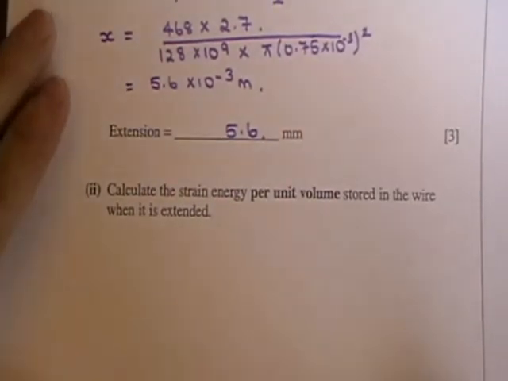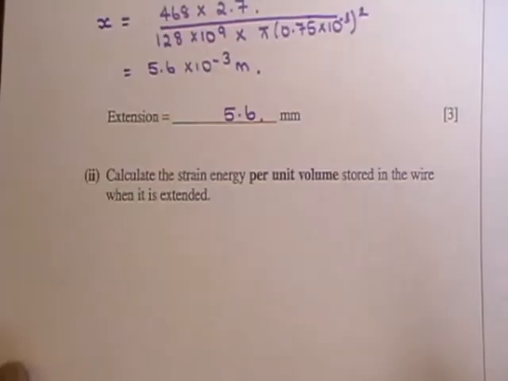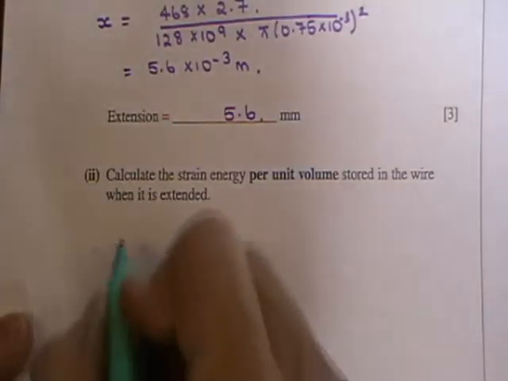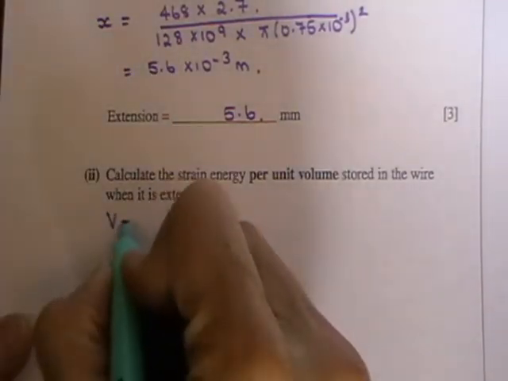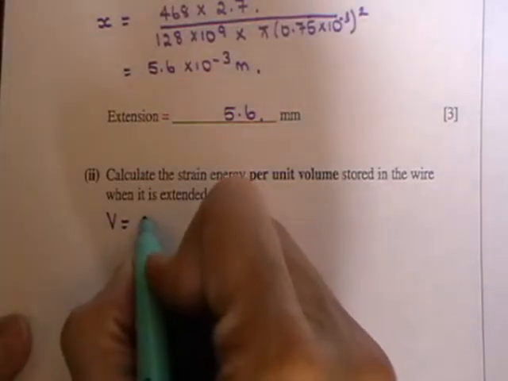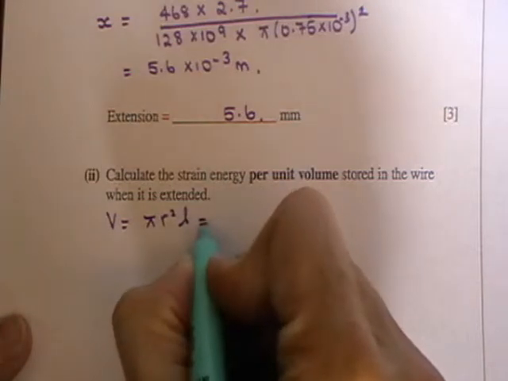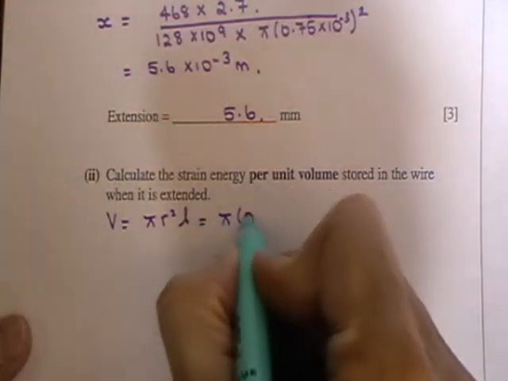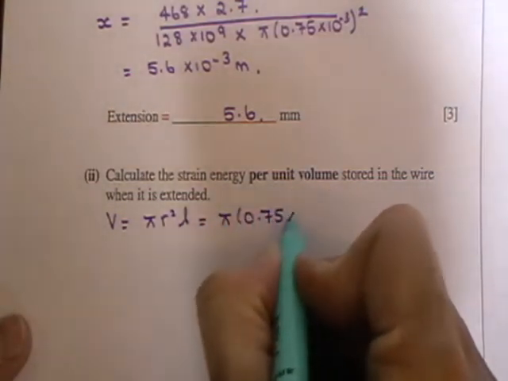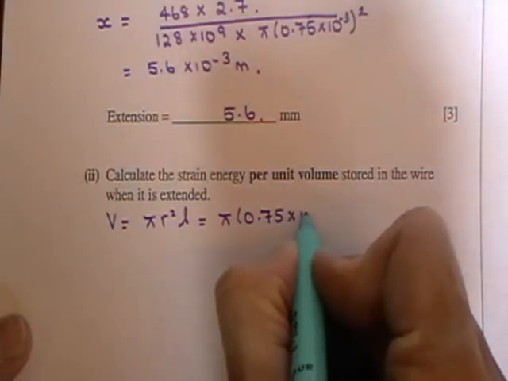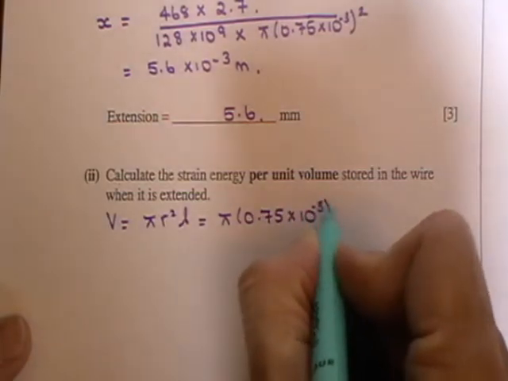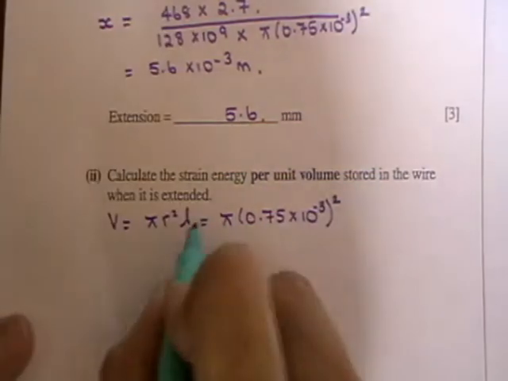Calculate the strain energy per unit volume stored in the wire when it is extended. So the first thing you have to do is calculate the volume of the wire. So the volume of the wire is its area times its length. So its area is pi r squared times its length, and that's equal to pi times 0.75 by 10 to the minus 3, squared.